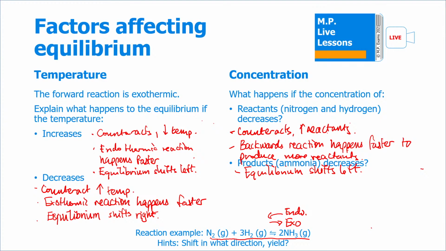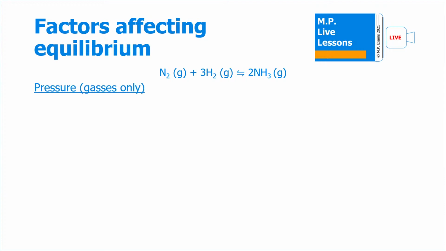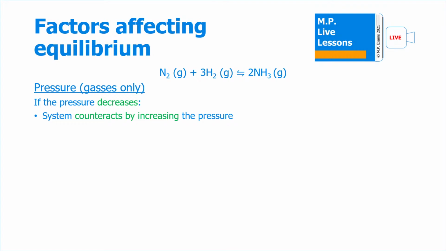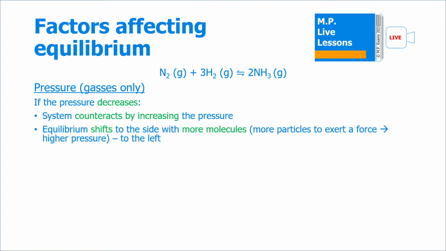Now, lastly, we have another factor, which is pressure. So notice that these particles here are all gases, reactants and products are all gases. Now, let's say if the pressure decreases, the system counteracts by increasing the pressure. However, to increase the pressure, we need more particles or more molecules.